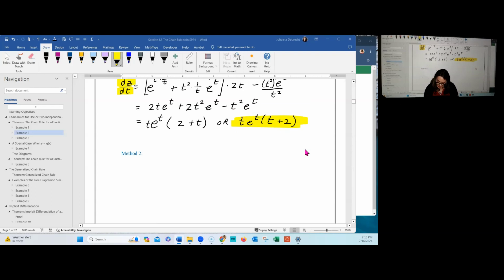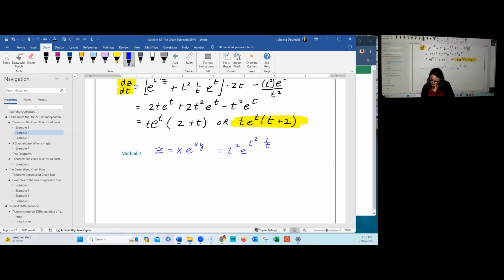In other words, I could have taken my z equal to x e to the xy, and written this as t squared e to the t squared times 1 over t. In this particular problem, this would give me t squared e to the t.